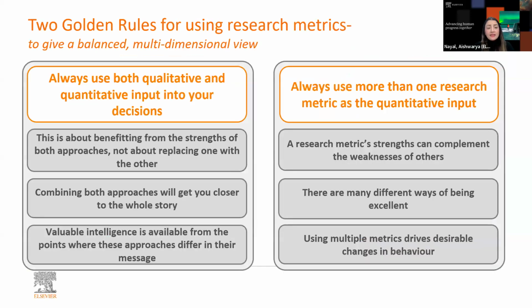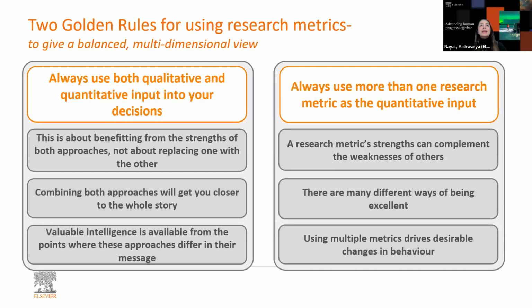Now, as a researcher, you should be following these two golden rules when using any metrics. One, always use both qualitative and quantitative input in your decision making. What is qualitative? SJR. What is quantitative? CiteScore, impact factor, SNIP. This approach is about benefiting from the strengths of both kinds of metrics, not about replacing one with another.